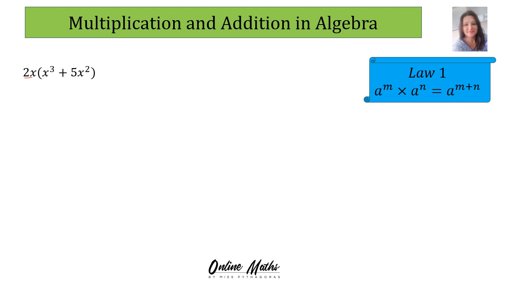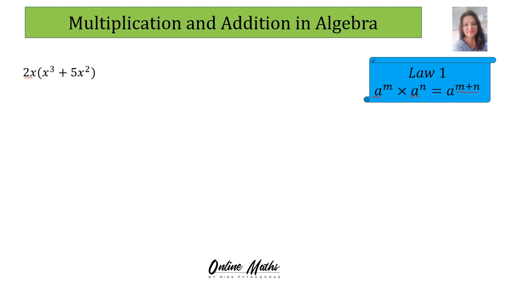This law specifically states that when your bases are the same and you multiply, then you add exponents. Now, let's go back to the sum. When I give you 2x times, bracket, x to the 3 plus 5x squared, close bracket, then I will use something that we call the distributive property of multiplication to simplify.